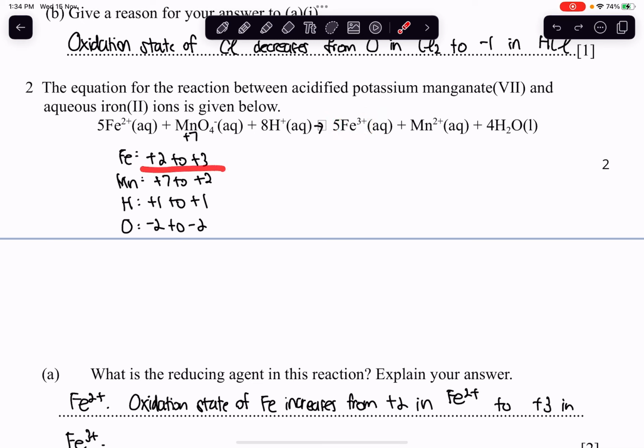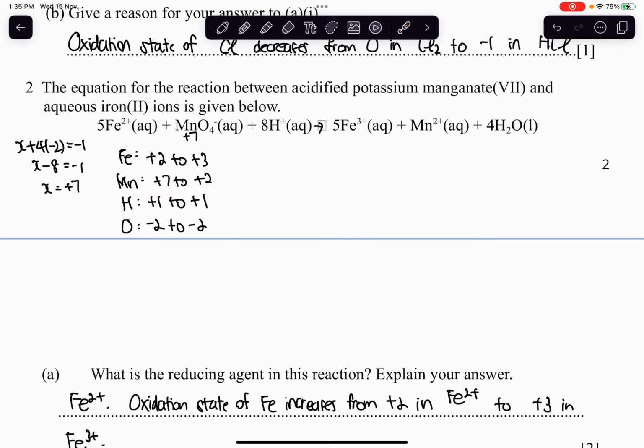So the change is +2 to +3 for iron. For manganese in MnO4 minus, if you solve, Mn is +7 because x plus 4 times -2 gives you -1, x minus 8 is -1, x equals +7. So Mn is +7 to +2 in Mn2 plus, so it is reduced.